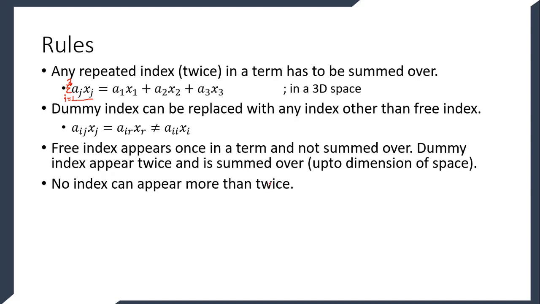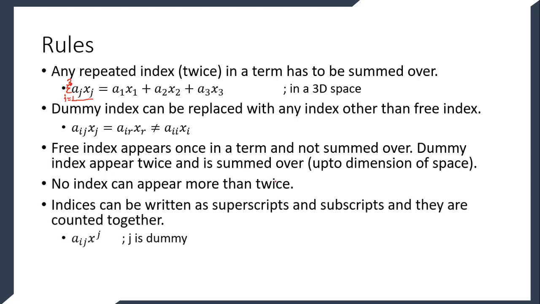We have said that the index which appears once is a free index, the index which appears twice is a dummy index, and no index is allowed to appear more than twice. If some index appears more than twice, it sometimes indicates that we have done something wrong, or that it can be reduced to a simpler form where no index appears more than twice.